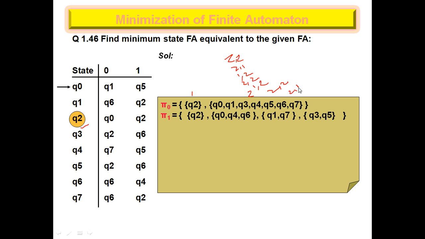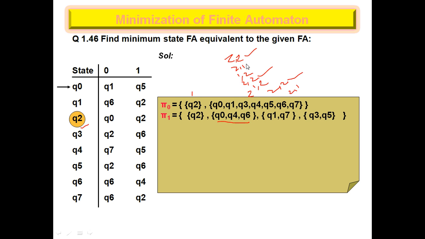Now see which have similar nature. This way we identify the similar nature of states. The 2, 2 ones belong to Q0, Q4 and Q6, so they are in the same class.